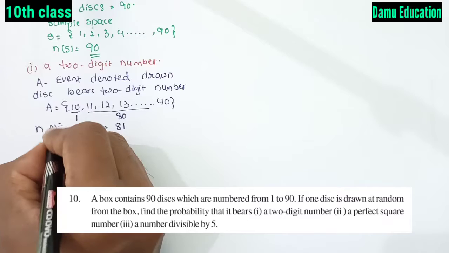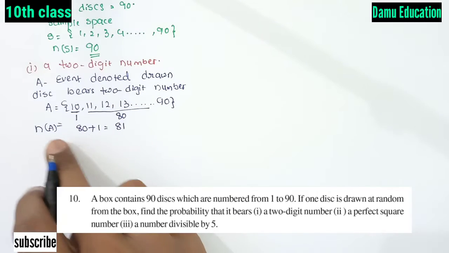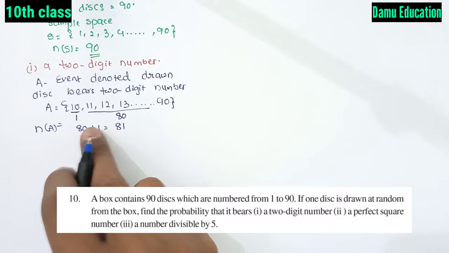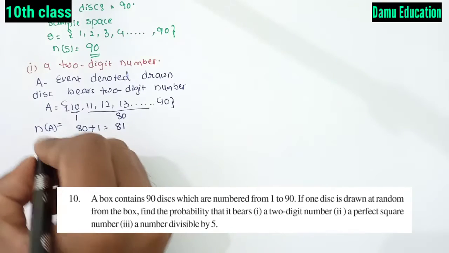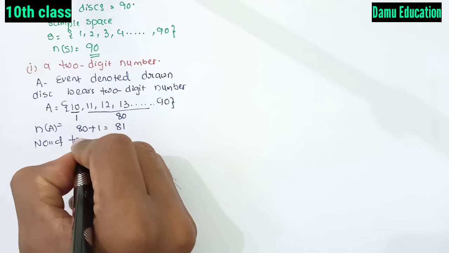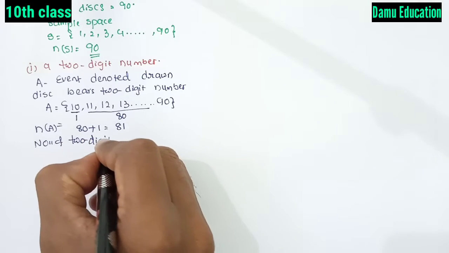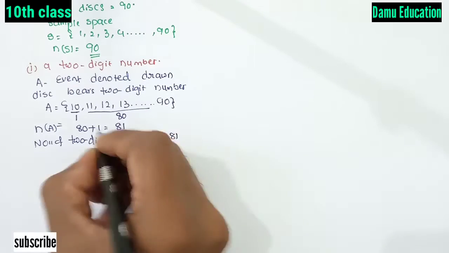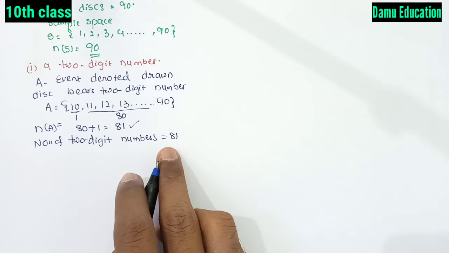So the number of two-digit numbers is 81.